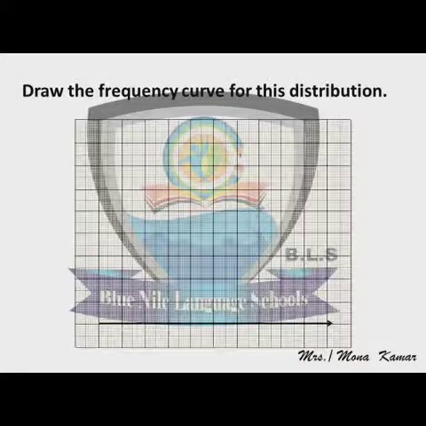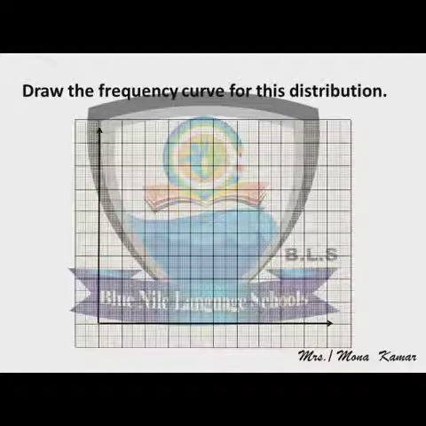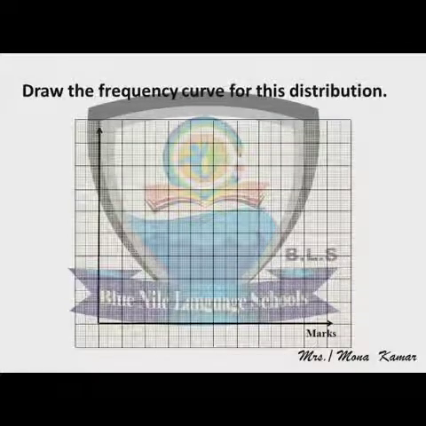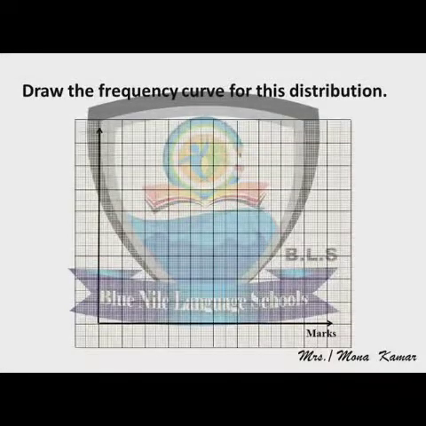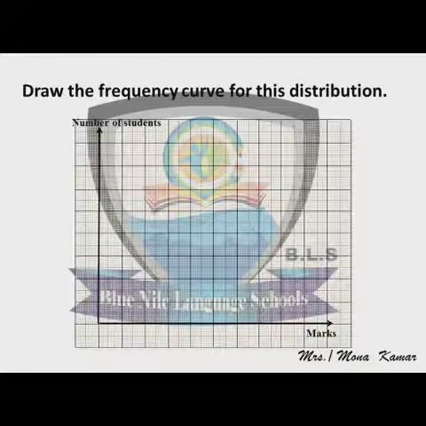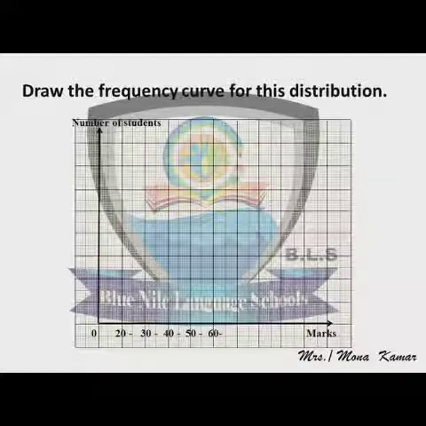First, we draw a horizontal axis, then draw a vertical axis. The horizontal axis represents marks and the vertical axis represents number of students. On the horizontal axis, we put the sets that represent the marks: 20 and more, 30 and more, 40 and more, 50 and more, and 60 and more.